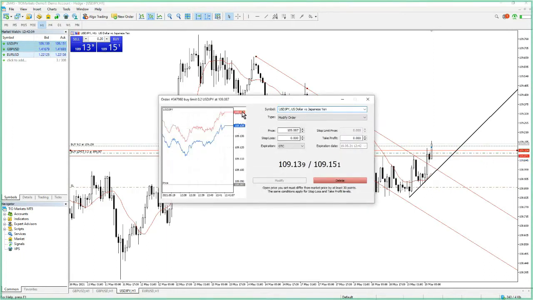And it gives us the order box where we have several fields, and one of them is stop loss. This is where we define the level where we want to get out of this trade. So the easiest way, the one I use mostly, is I just start pressing down here.